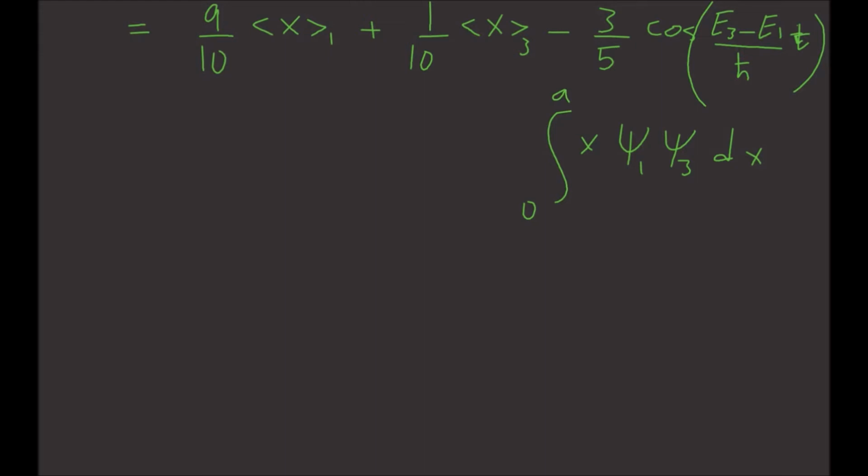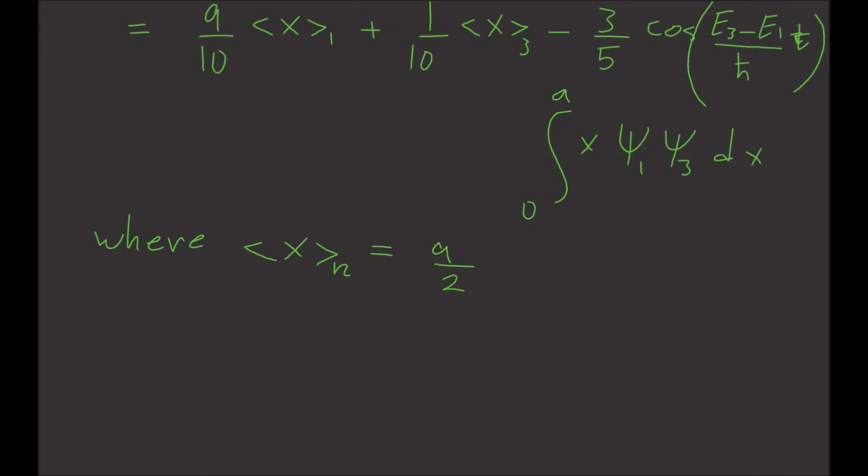where if you're wondering what this expectation value of the first wave function is, the expectation value of x at the nth state is always equal to a over 2. So this is the expectation value of x in the nth stationary state.